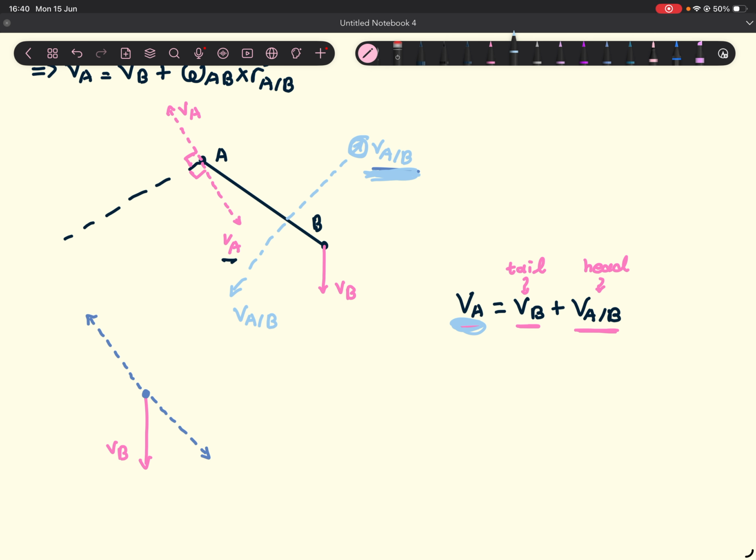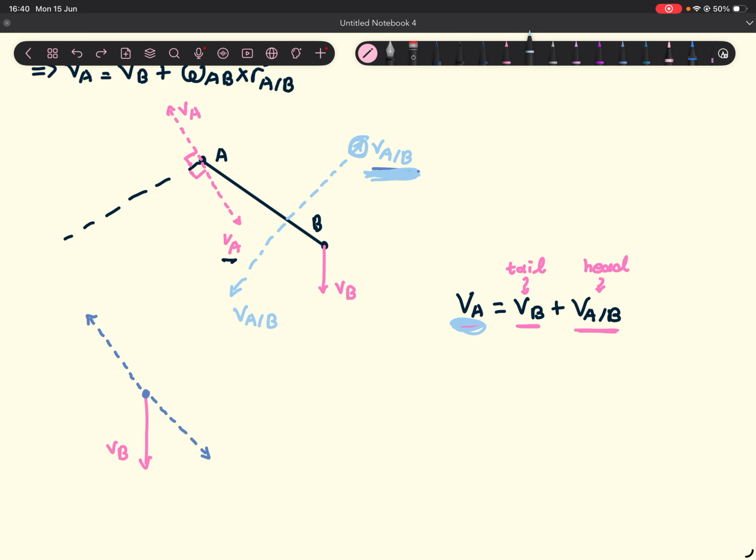Also, I need to close the triangle, right? So I can't choose the vector to point this way because it's not going to close the triangle. So in order to close the triangle, it needs to be this way, right? I hope that kind of makes sense.